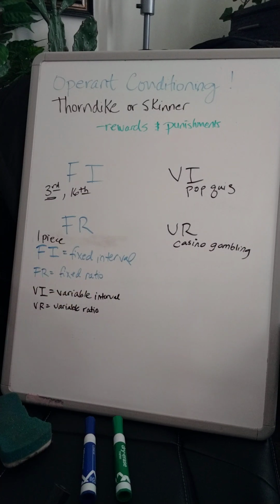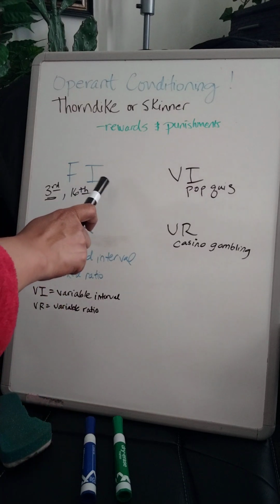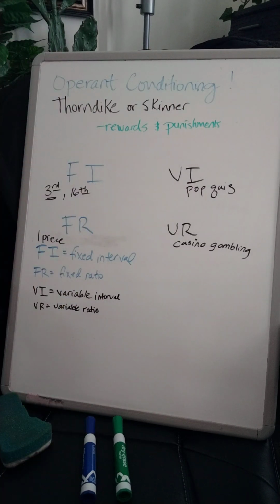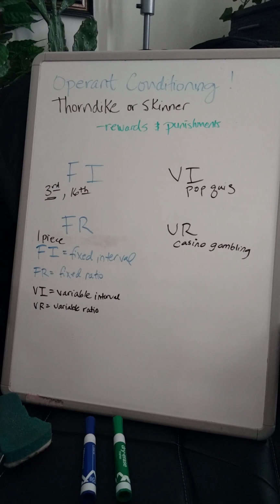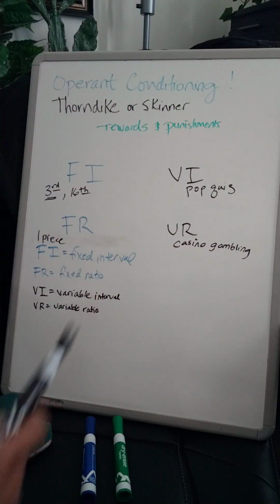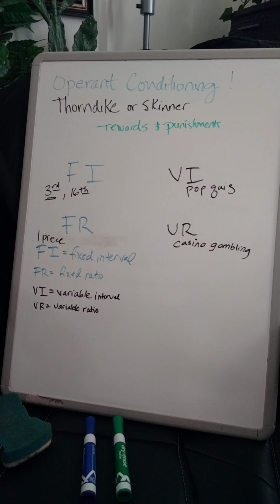So if we look at fixed interval, the scalloped and the low rate of responding. Fixed ratio, steady and high rate of responding, but some scalloping. Variable interval, steady but low rate of responding.